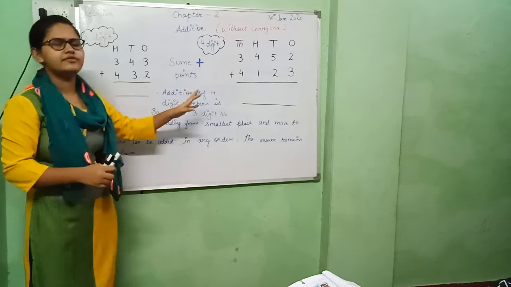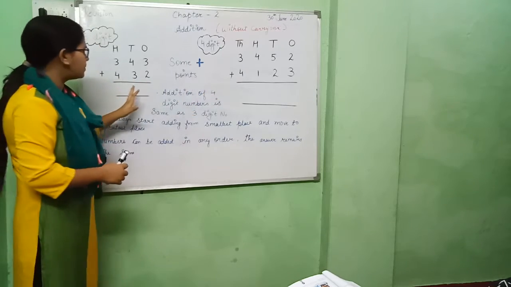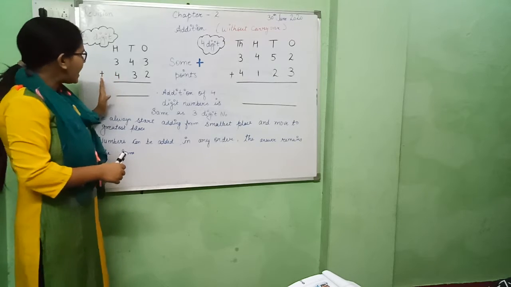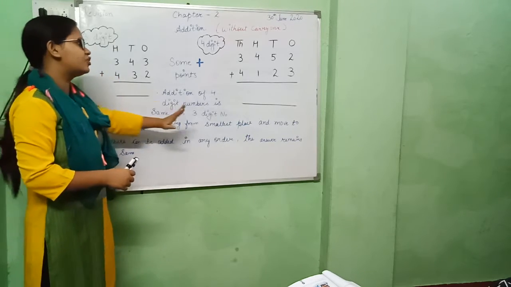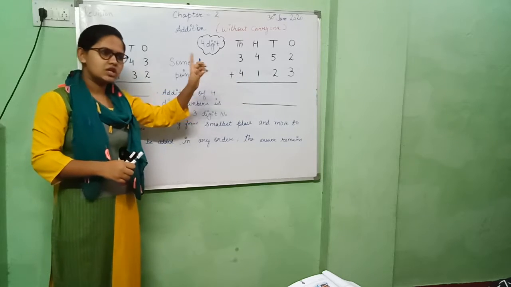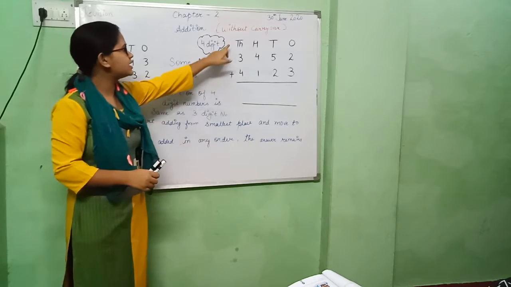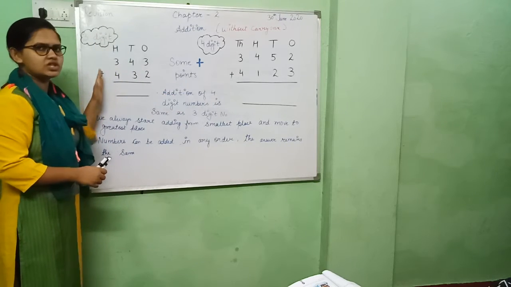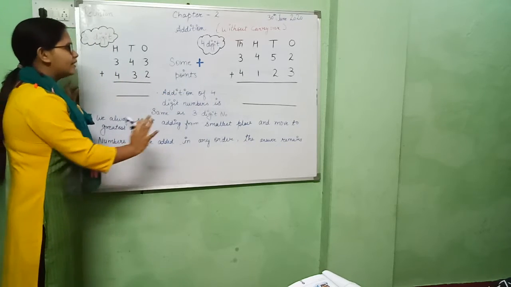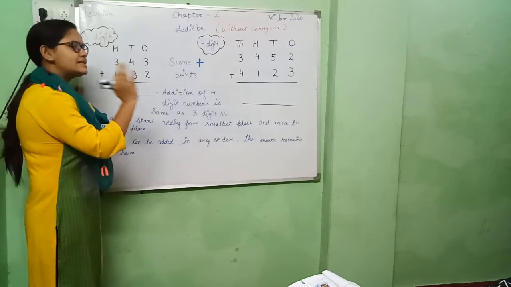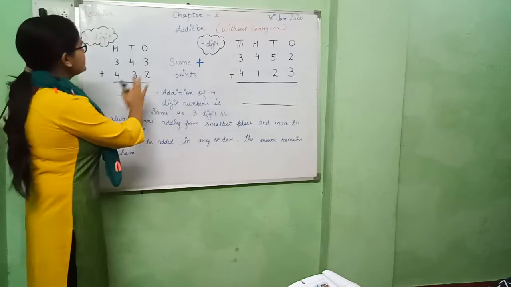There is no difference between 3 digit and 4 digit numbers, as we add them in the same way. There is only one difference: there is a section of 1000. In a 3 digit number there is no section of 1000. So you can see the difference; otherwise it is the same addition.